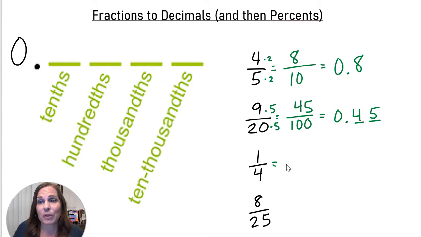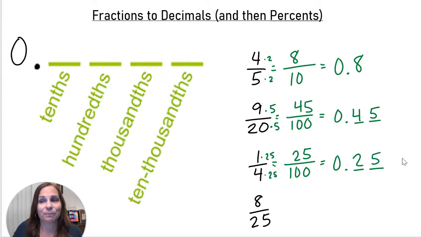The next one is 1/4. Same thing, I can't go into 10, but I can go into 100. Because 4 times 25 is 100, so I multiply by 25 on the top, and I get 25/100ths. Then hundredths means I need 2 decimal places after the point, so then I'll fill in with a 2 and a 5.